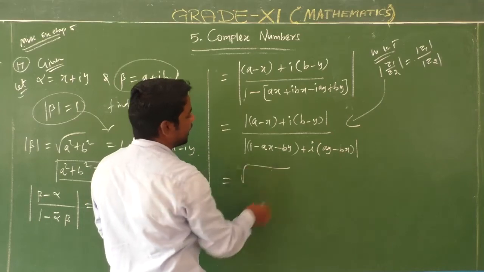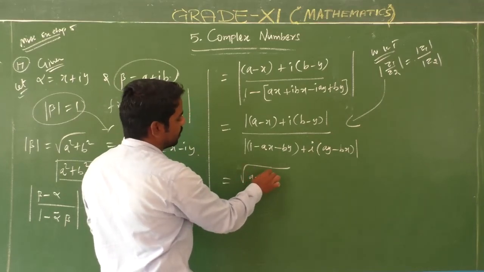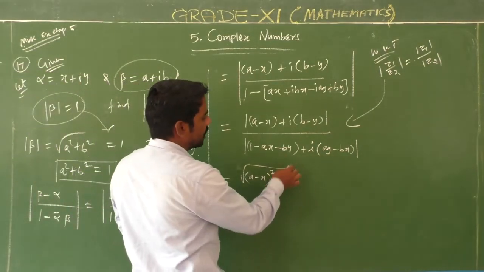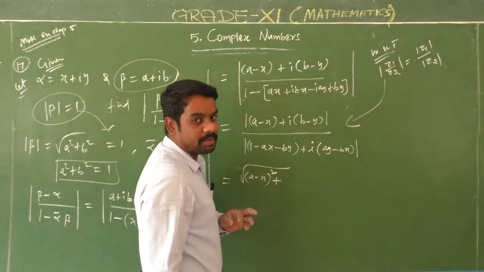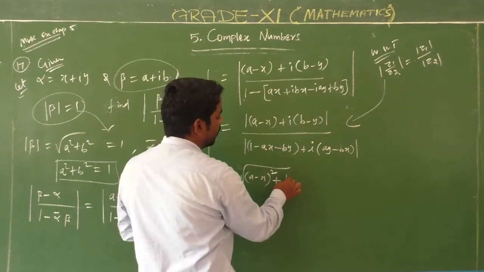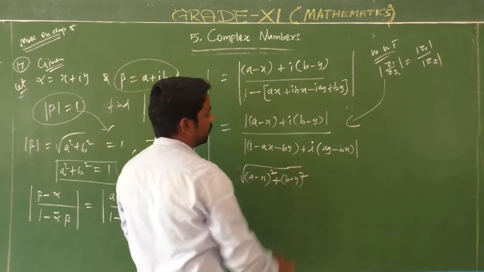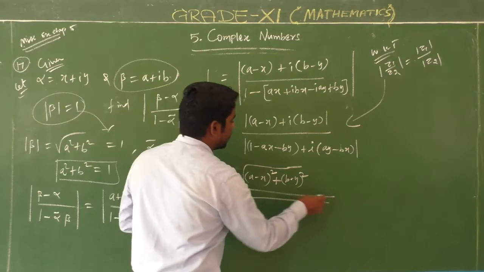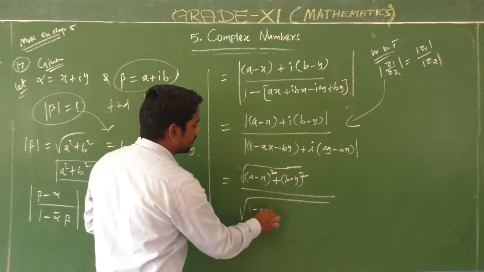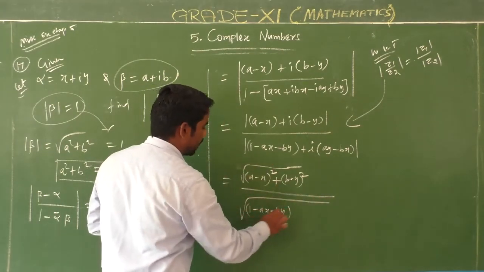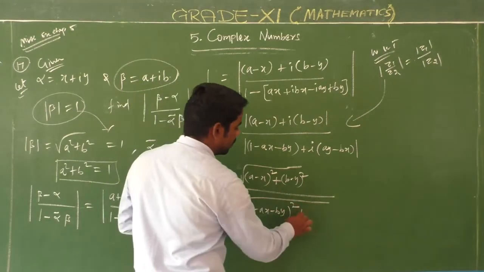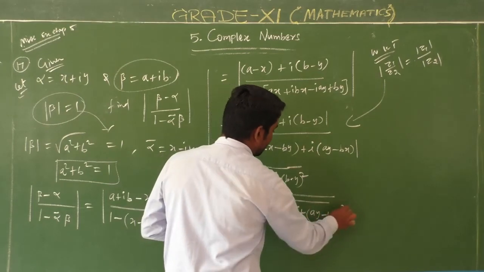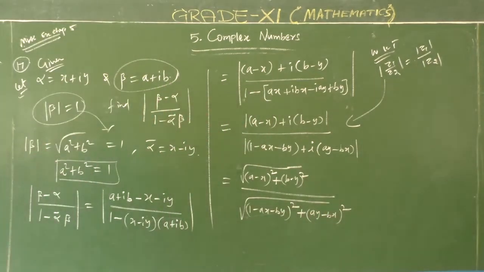So root of real part squared, a minus x the whole squared, plus imaginary part b minus y the whole squared, divided by root of, here real part is 1 minus ax minus by the whole squared, plus imaginary part ay minus bx the whole squared.